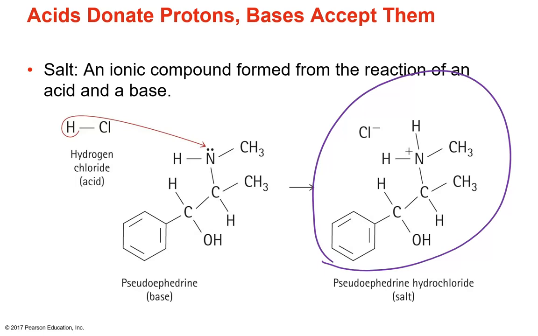And so if you look, the hydrogen in hydrogen chloride went off as an ion, and it attached to the negative electron pair. What kind of molecular bond would this be if I have a hydrogen ion attaching to the neutral nitrogen?